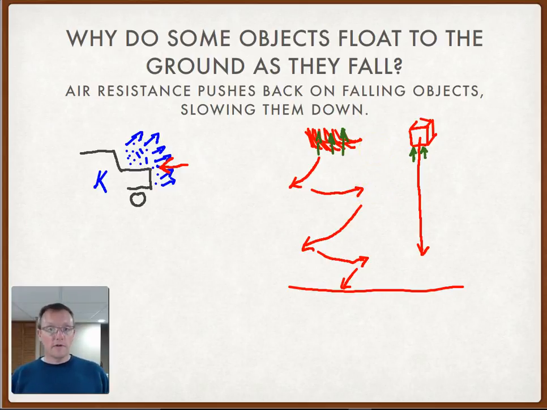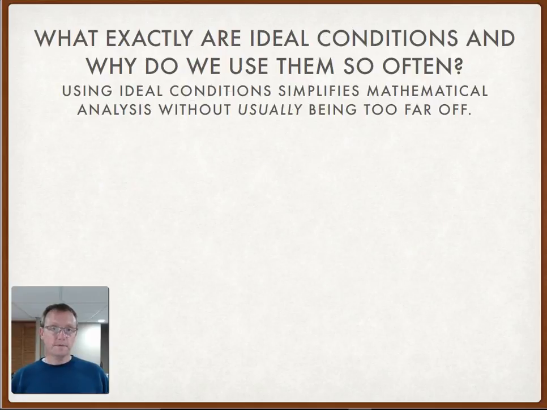Now, why do I bring that stuff up? Well, because I'm going to start to talk about this idea, and I want to make sure that you know what I'm talking about when I get there, and that is the idea that we call ideal conditions. Ideal conditions are something that comes up often, and it's very simple.